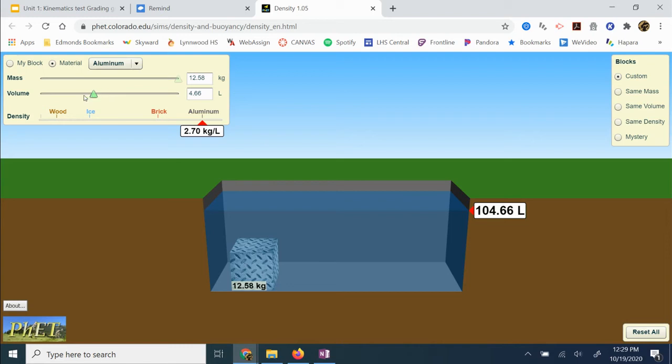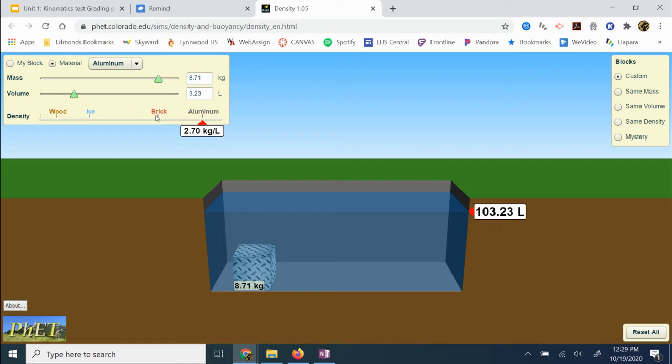Okay, so aluminum has a density of 0.7, and a brick has a density of 2, right? So again, our rule for does it float is if the density of the thing that's floating is less than the density of the water, or in this case, the aluminum, then it'll float, right?